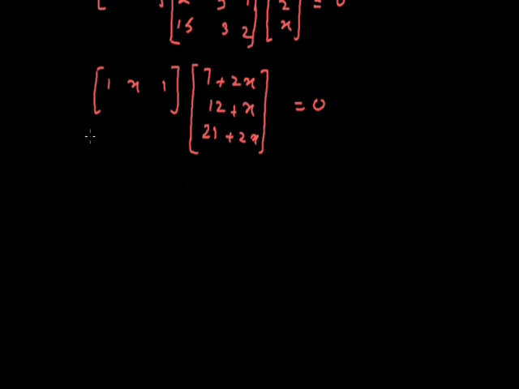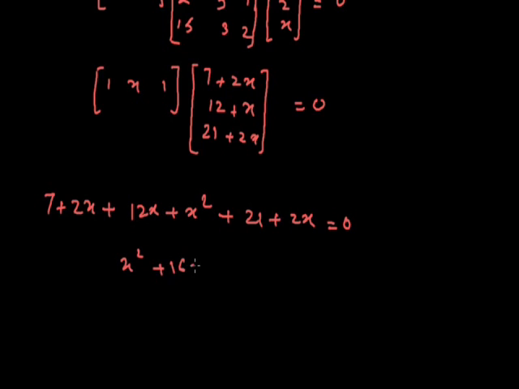Now multiplying, we get 7 plus 2x plus 12x plus x square plus 21 plus 2x equal to 0. So we get x square plus 16x plus 28 equal to 0.